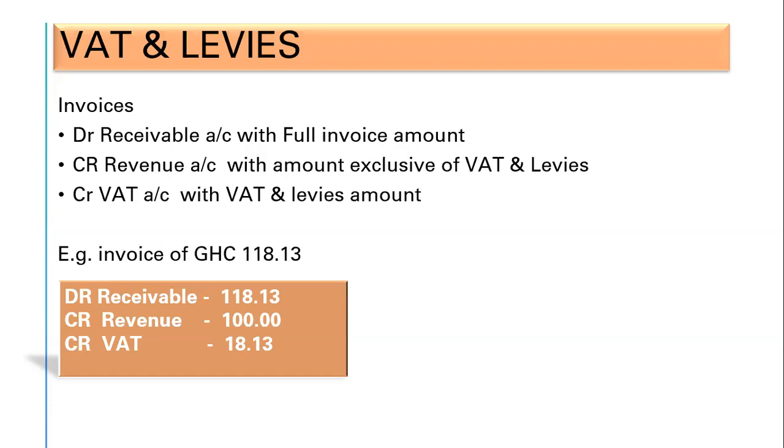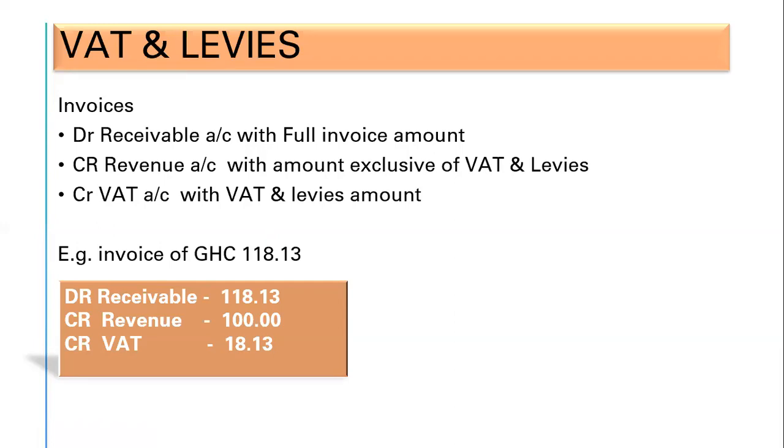So for the accounting entries for an invoice, for example, if you have an invoice amount of 118.13, the receivable account is going to be debited with the full invoice amount, which is 118.13.